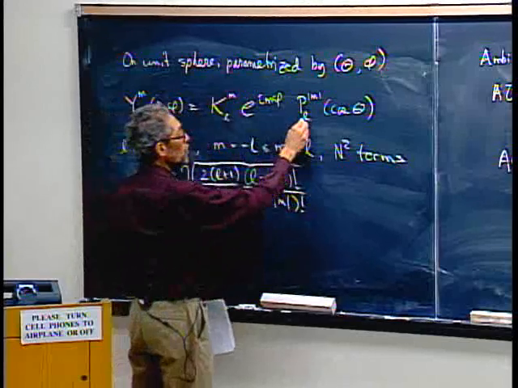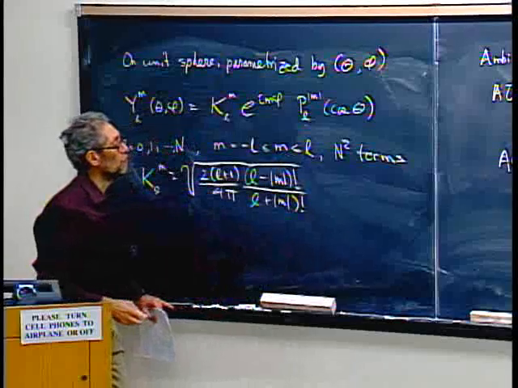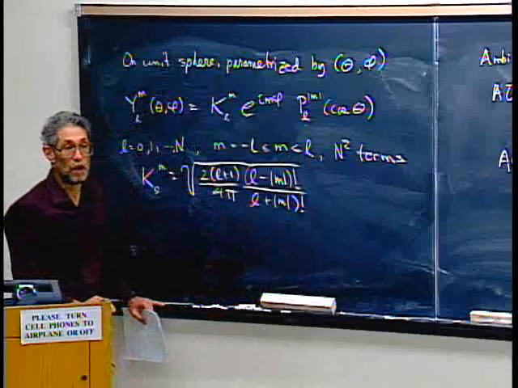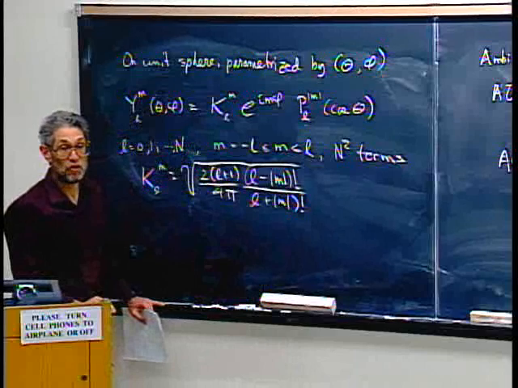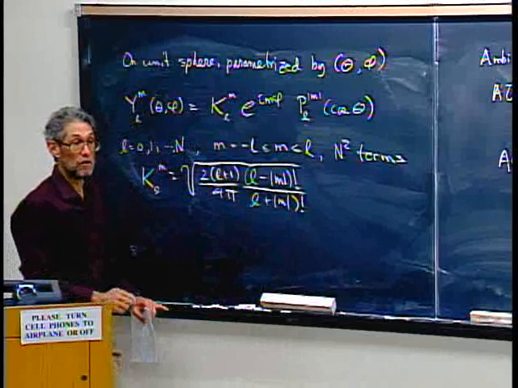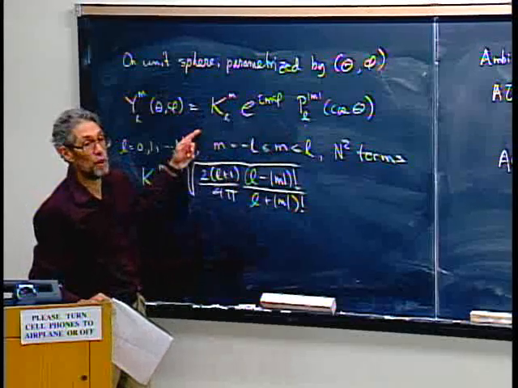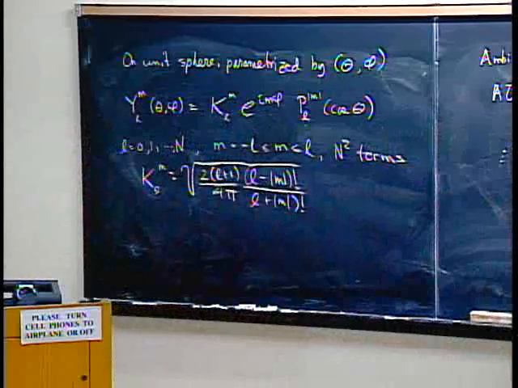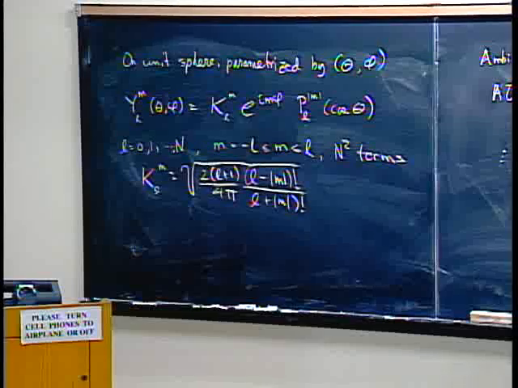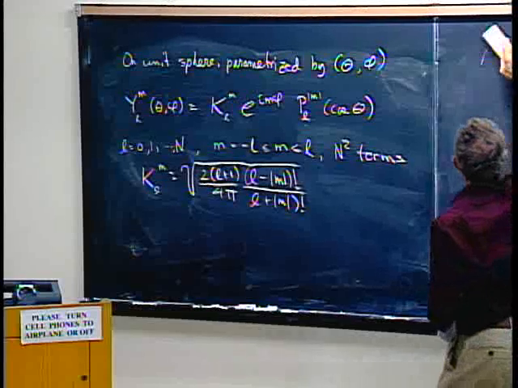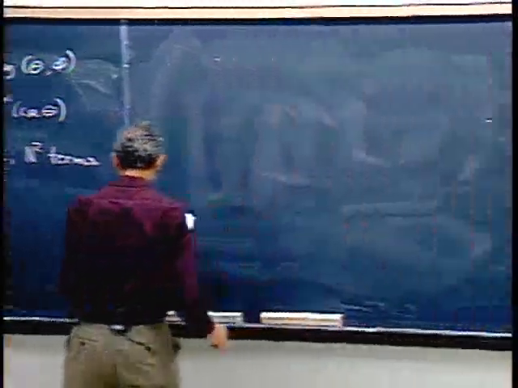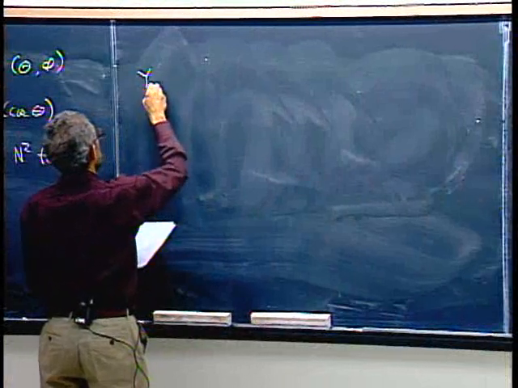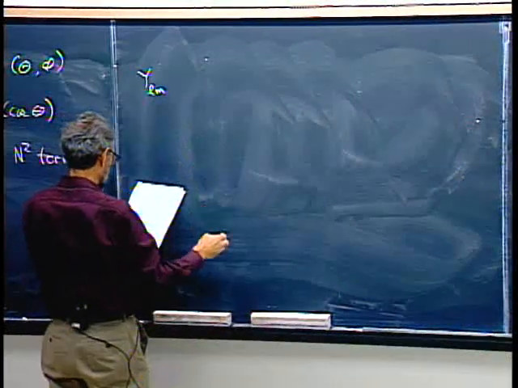Now, I didn't tell you what these P l m are, except they're polynomials, and they're called associated Legendre polynomials, and there is a recursion formula for them. Actually, there's a recursion formula for this whole expression. So let me give you the analogous real version, which is easier to think of. And that's usually denoted with both subscripts down.